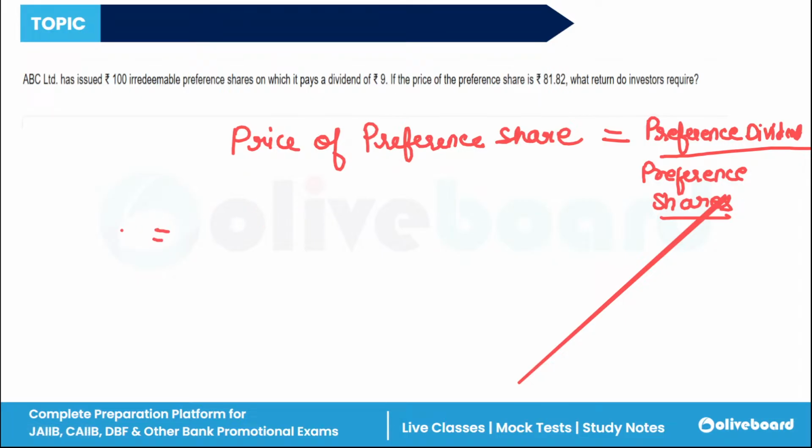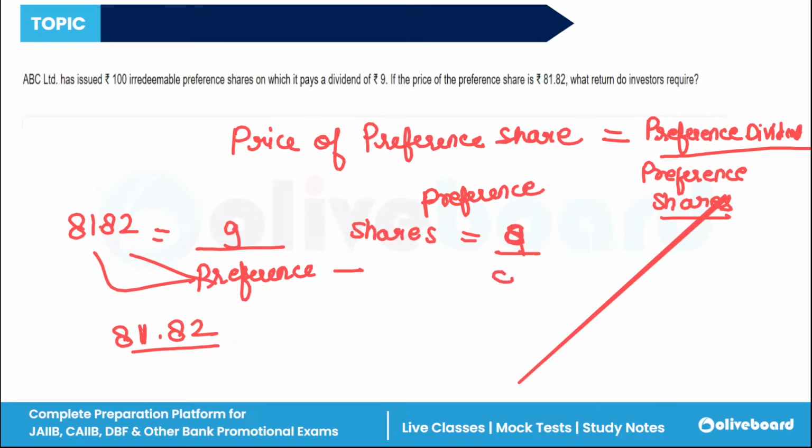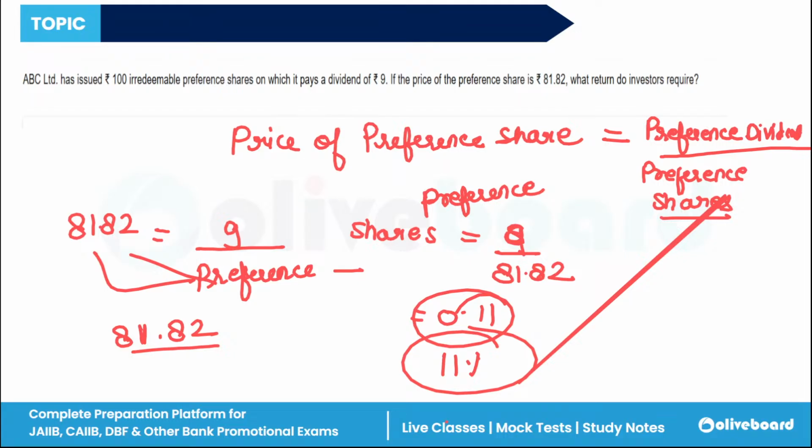So here the preference share price is given, the preference dividend is given, and the preference shares yield to maturity is what we need. So 81.82 divided by... no, this will come here, that means preference share yield to maturity is equals to 9 by 81.82, which is equals to 0.11 or 11% if we multiply it by 100.